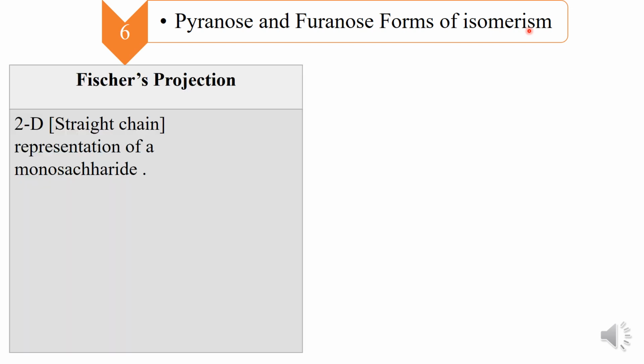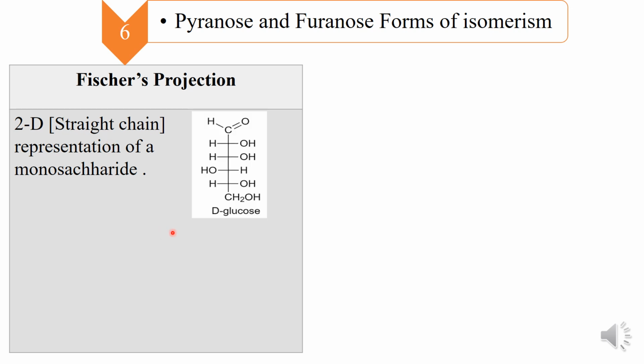The last type of isomerism seen in monosaccharides is the pyranose and furanose forms of isomerism. Many properties of sugars cannot be explained by the straight chain structures. So you can see that sugars are expressed as straight chain two-dimensional structures. This is known as Fischer's projection.